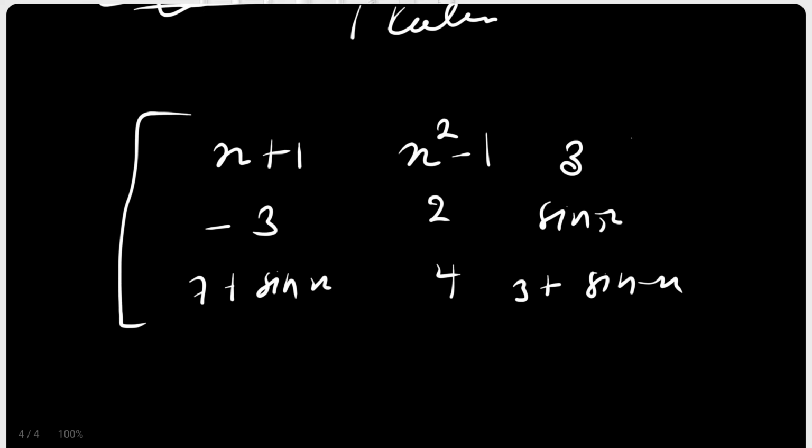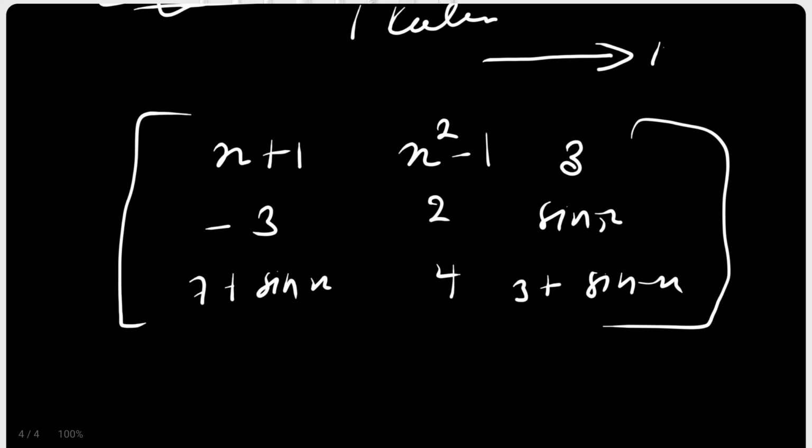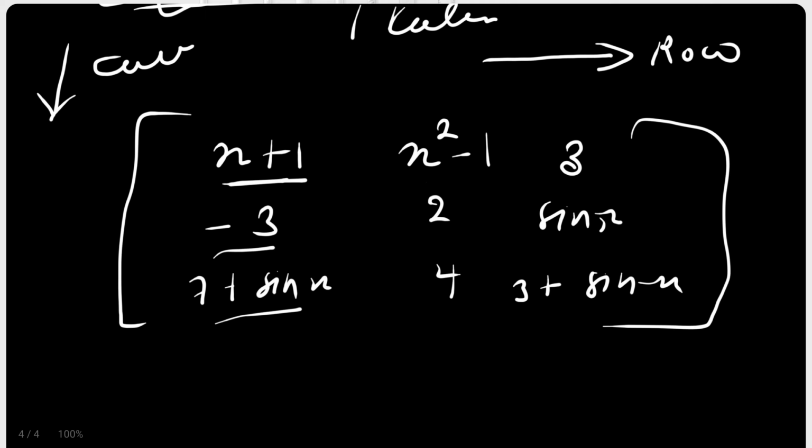Right now it is our matrix. And I am asking you, which is the column here? Column is going downside, that is our column, and what goes like a ray is the row. In this one, each is in 1 column.